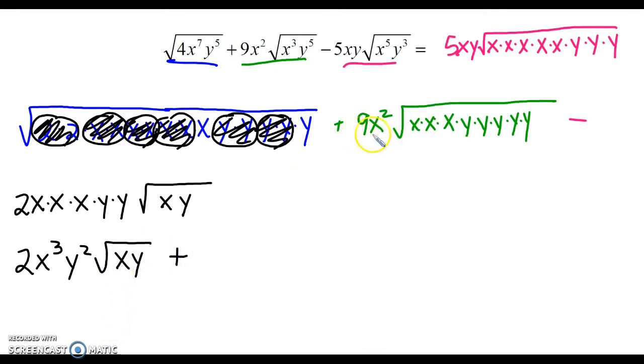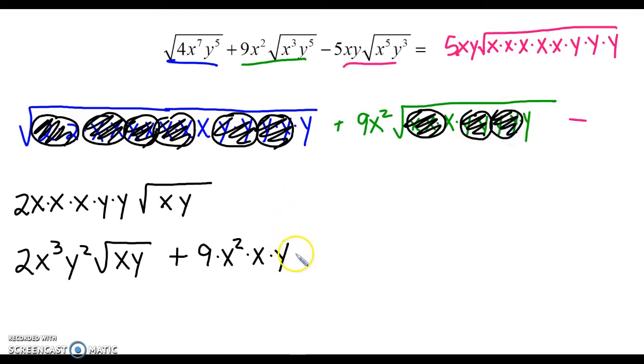Then we're adding the second one in green. I have 9 times x squared. Let's see what else gets multiplied out front. Here's a pair. A pair of y's. And one last pair of y's.